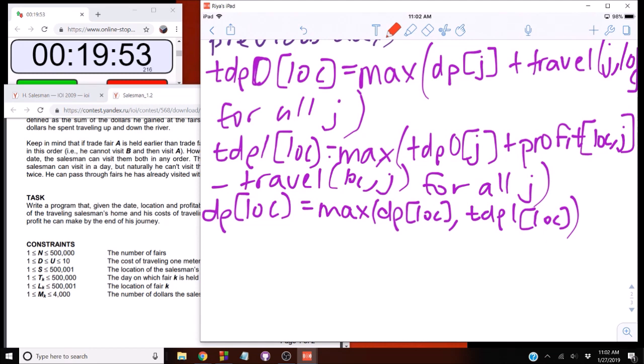Okay, so it seems like traveling upstream and traveling downstream have different costs. Is there some way we could use a segment tree or something? This sounds like a segment tree problem because you're supposed to maximize a current value.